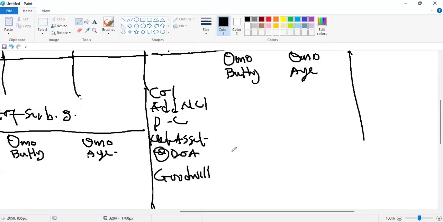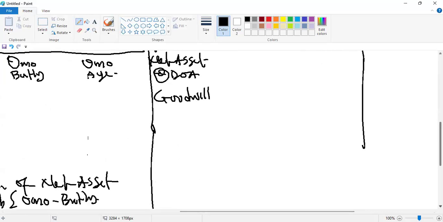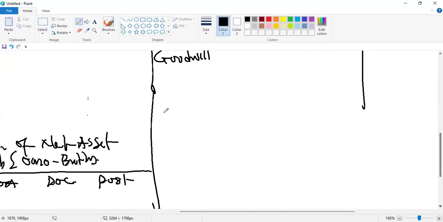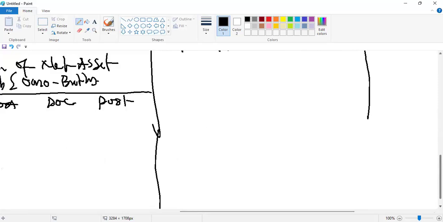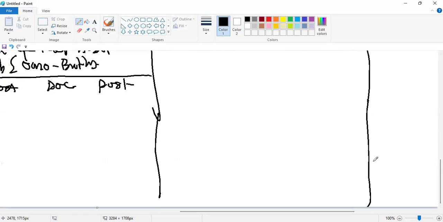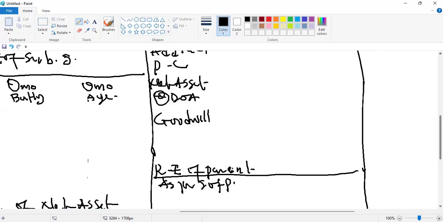I will leave two line space. I don't know whether there will be impairments. I will leave it, I will go. Then the retained earnings of the parent as per SFP. That's all. I'll now go to determine the NCI.